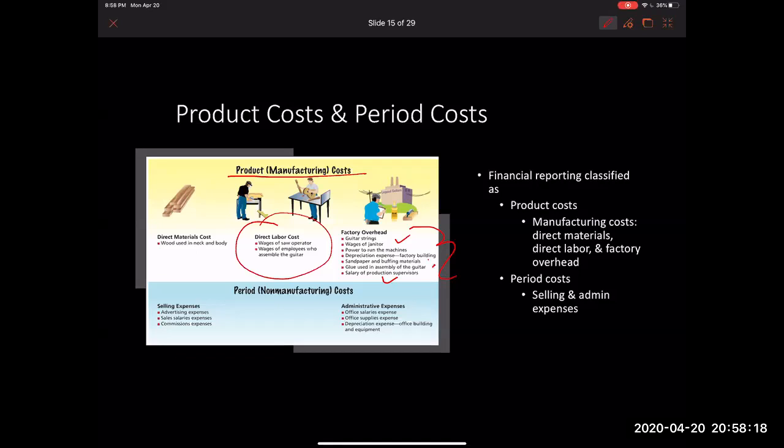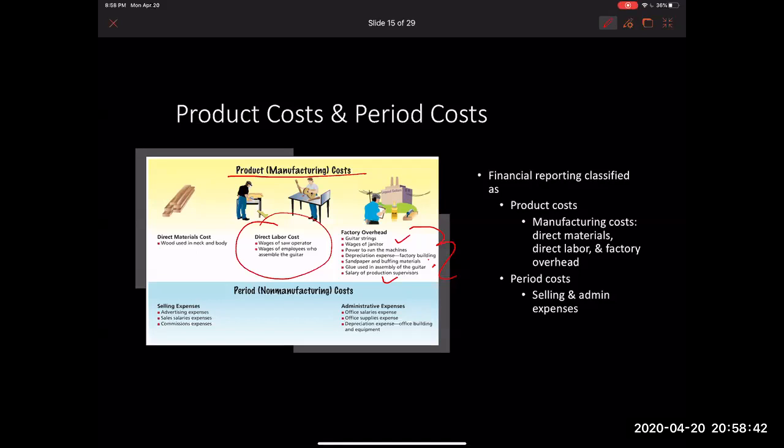Remember, these are all materials which normally we would maybe think fall under direct material costs. But when we're talking about direct material costs, it must be directly traced back to the product, and it must make up a significant part of the total cost of the product, right?